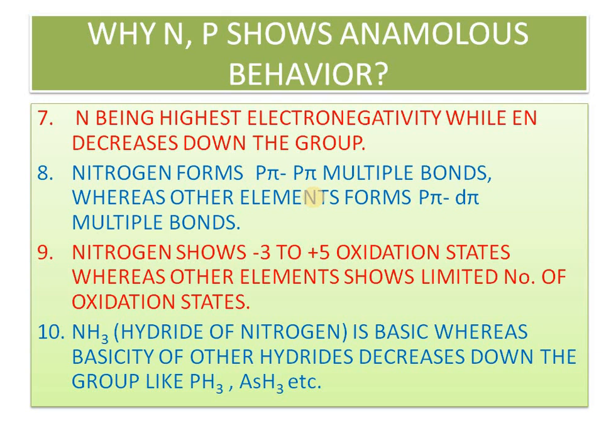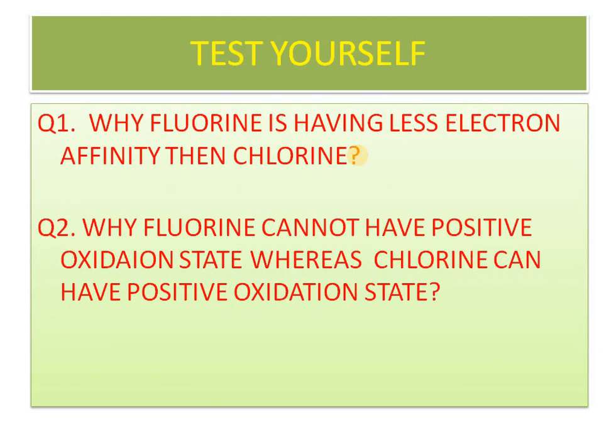Multiple bonds means double bond, triple bond. Nitrogen shows -3 to +5 oxidation state, whereas the other elements show a limited number of oxidation states. Hydrides of nitrogen are basic, ammonia is more basic while others are less basic, and down the group basicity of hydrides decreases. And let us try two questions more.